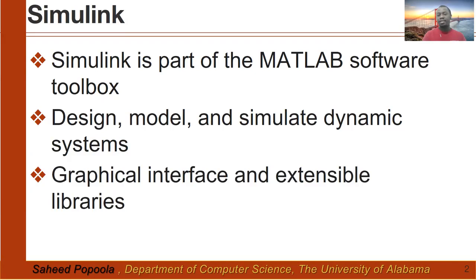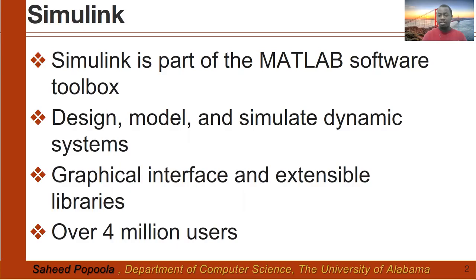It has a graphical interface, and it also provides support for extensible third-party libraries, a customized way for you to model or simulate dynamic systems. Currently, it has over 4 million users, so that's a large number of users. So we want to discuss how to analyze the changes that have been made to these models.